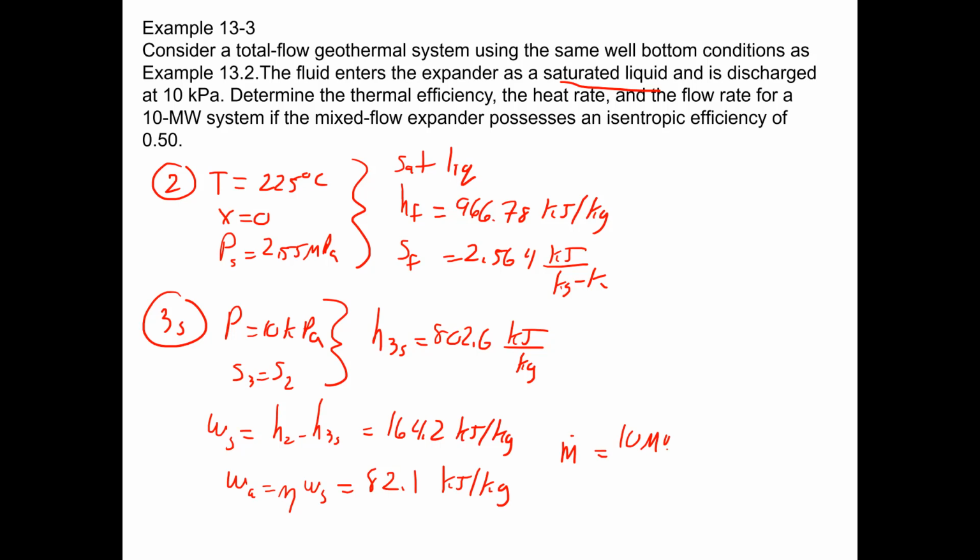So we have the 10 megawatts worth of required energy divided by the 82.1 kilojoules per kilogram worth of specific work. So we need 121.8 kilograms per second.